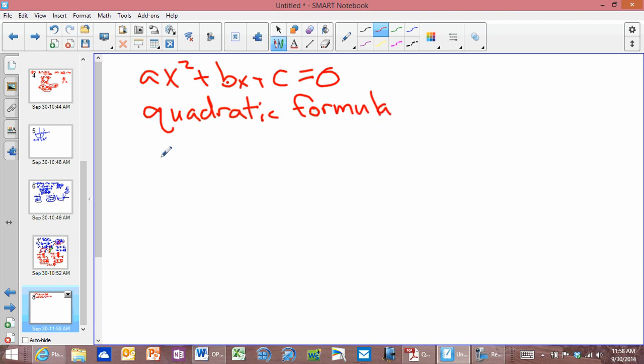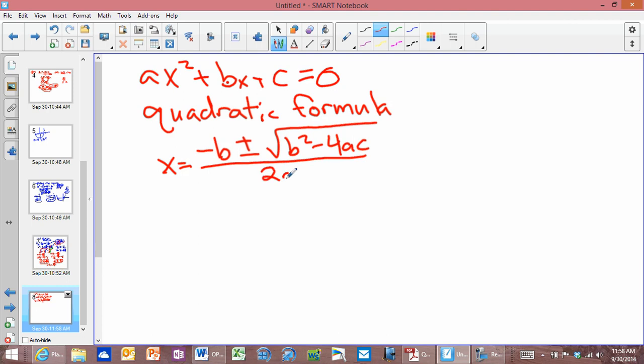When I do all of those steps, what I end up getting is x equals negative b plus minus the square root of b squared minus 4ac, divided by 2a. Be careful, really write this whole thing out. Write that whole fraction line underneath everything.